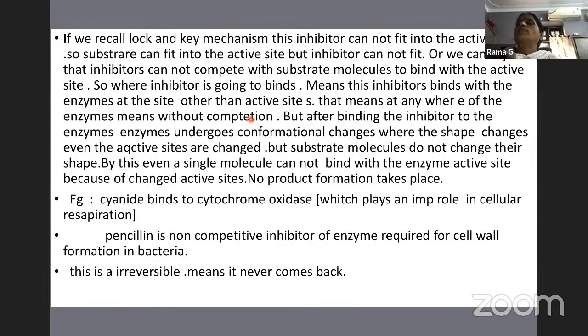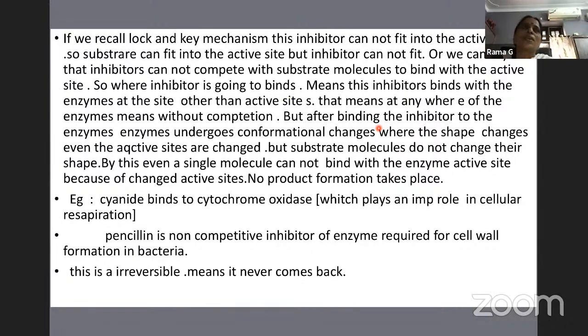But after binding with the inhibitors, the enzyme undergoes conformational changes. Yes, in lock and key theory and induced fit theory, each and every enzyme has two sites.